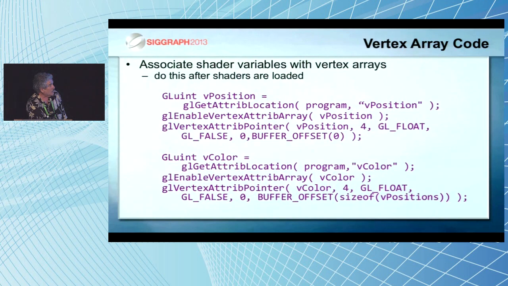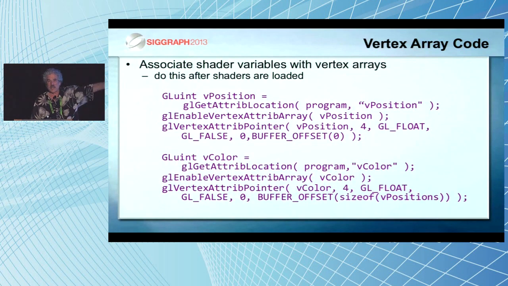And I use the name in my shader called vPosition, and I'm going to get where it is, and I'm going to set it up to something called vPosition in my application. You don't have to use the same names here. Dave and I have been adopting this convention where we're using the same name to lessen the confusion, but at some other level it may be confusing at first.